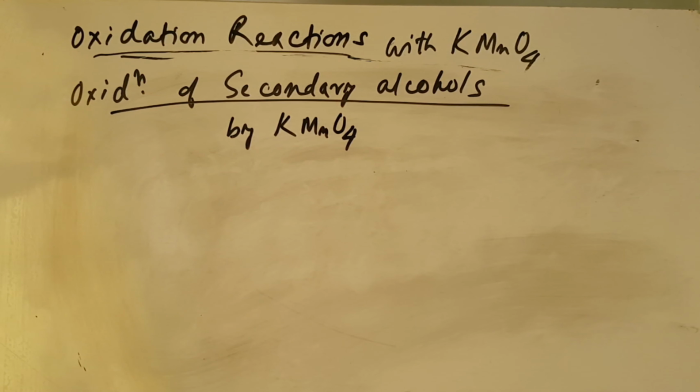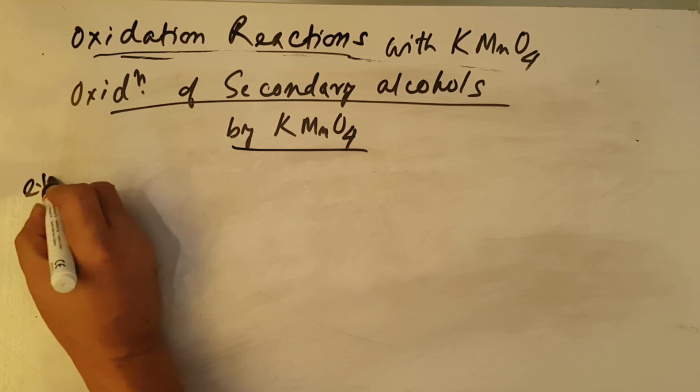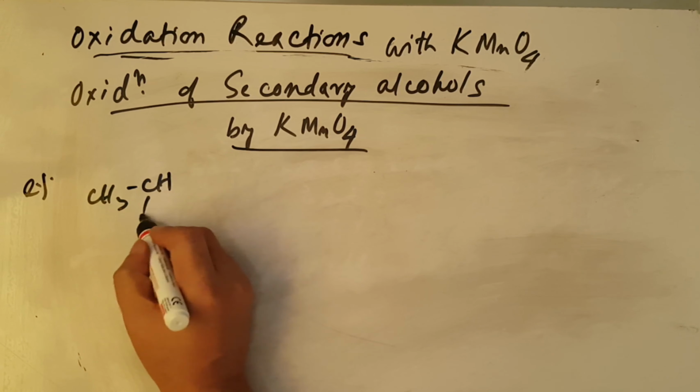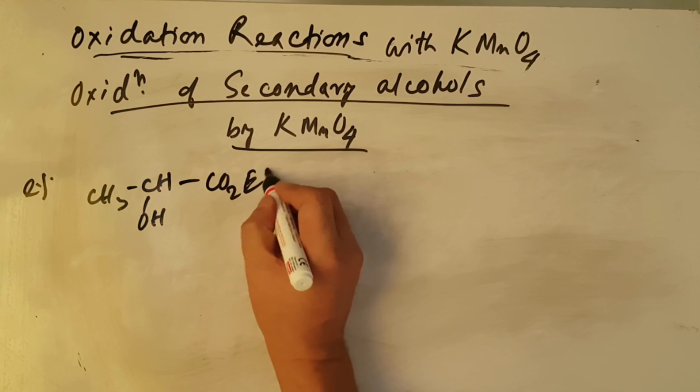Here you can also discuss the acidic medium, how alcohols are oxidized to ketones. An aqueous solution of potassium permanganate may be used to oxidize secondary alcohols to ketones. Here I will give one example: CH3, secondary alcohol, with another substituent.